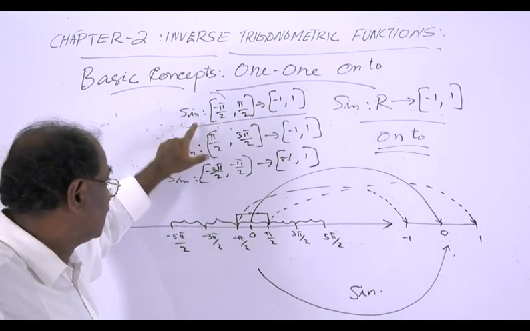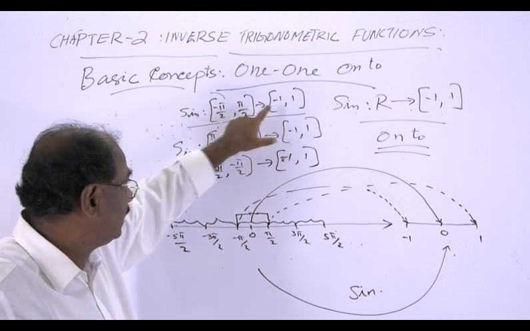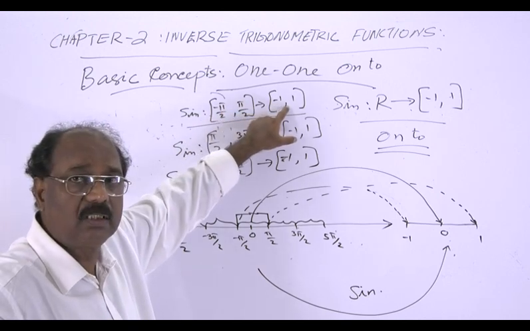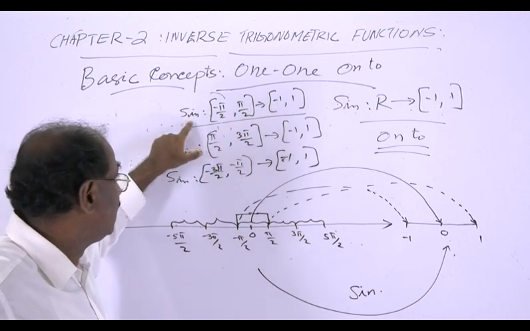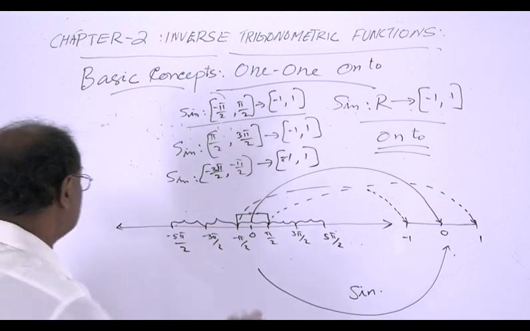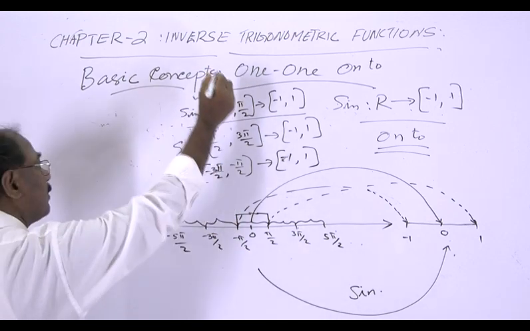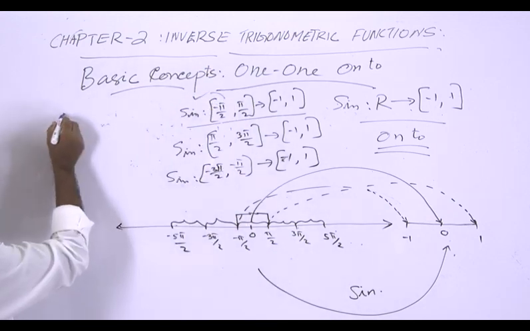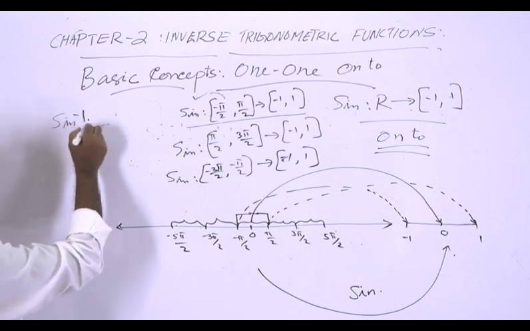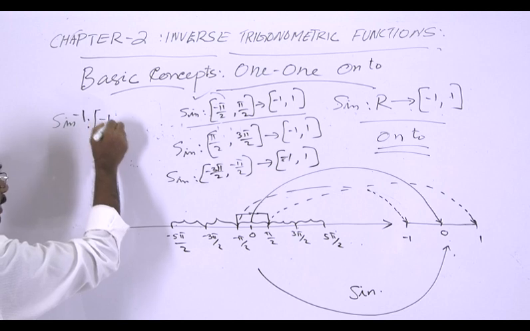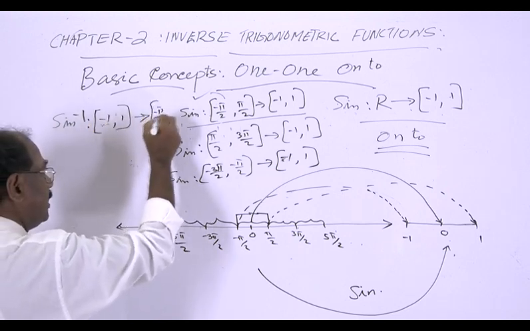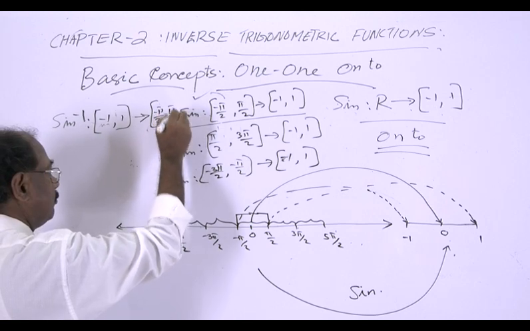And since this sine function is one-one onto in this interval [-π/2, π/2] to [-1, 1], we can have an inverse for the sine function. So the inverse of this principal branch is sine inverse, denoted by the symbol, defined from [-1, 1] into [-π/2, π/2].